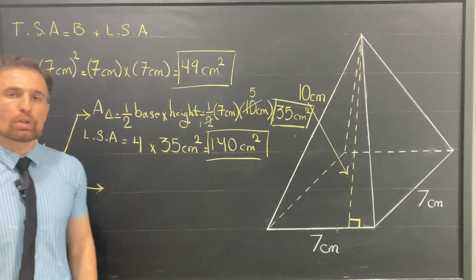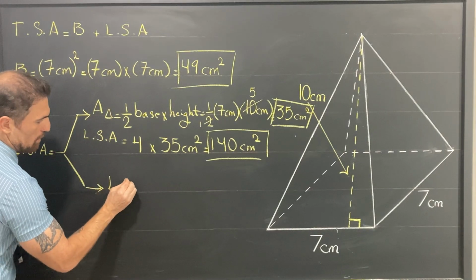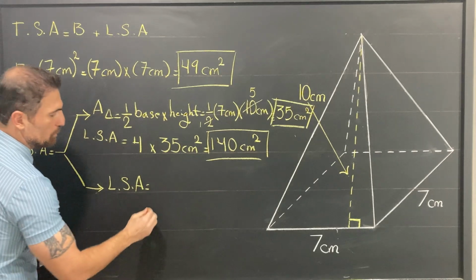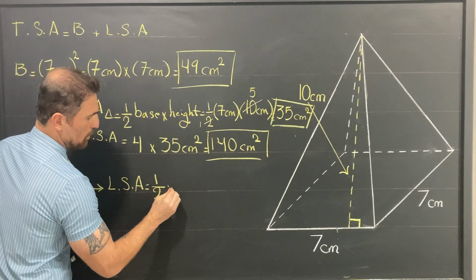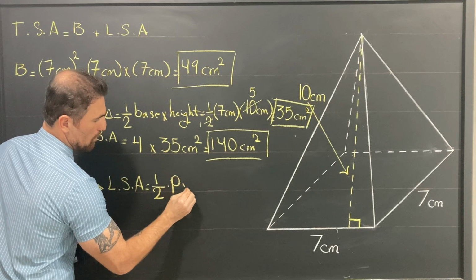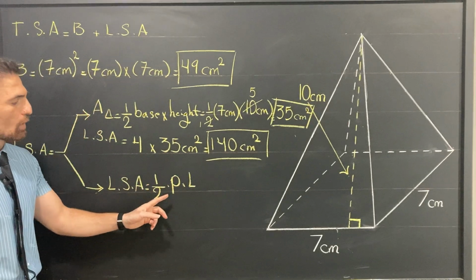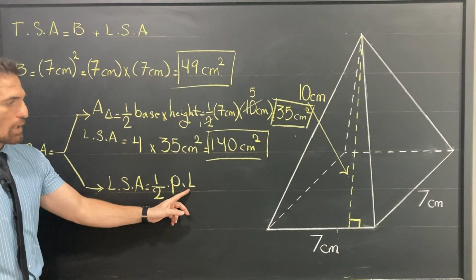For the next way, I'm going to use a formula that says lateral surface area is 1/2 the perimeter of the base times the slant side.